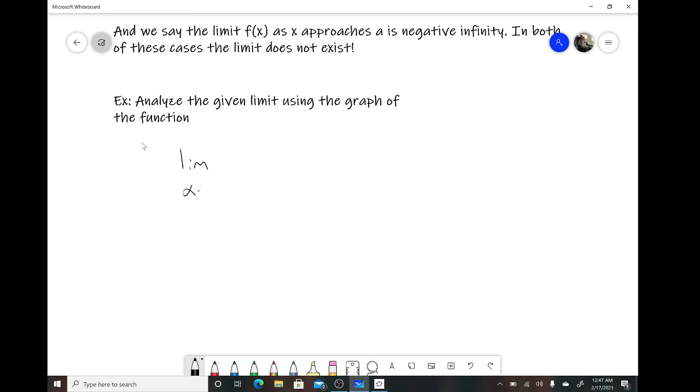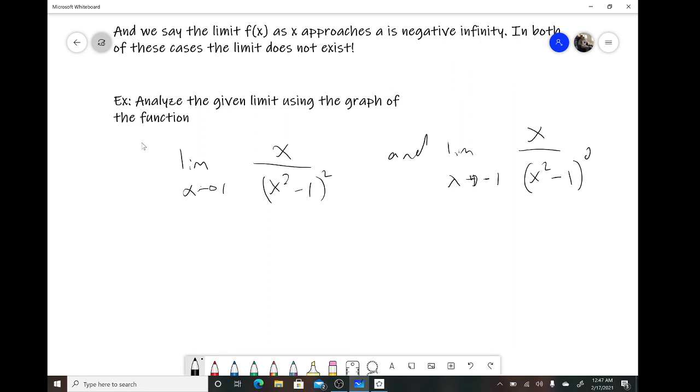The limit as x goes to 1 of x divided by (x squared minus 1) squared, and the limit as x goes to minus 1 of x over (x squared minus 1) squared.